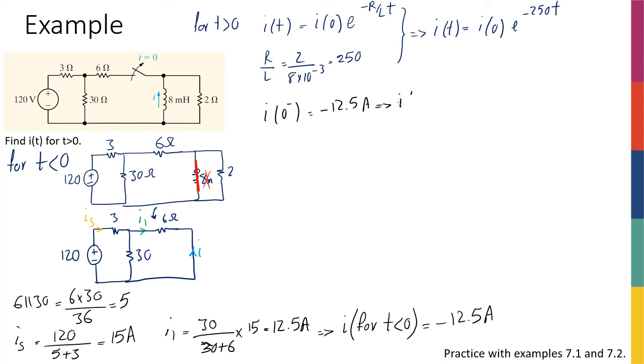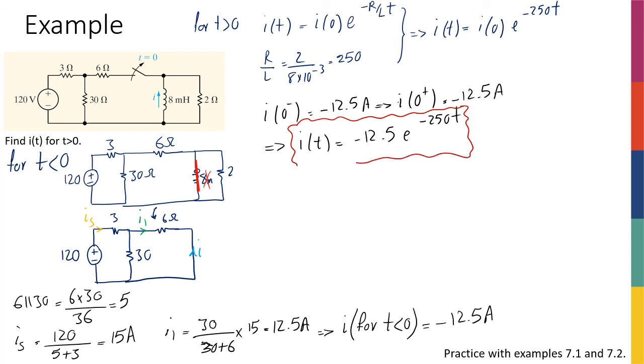Therefore, I at 0 plus is going to be equal to negative 12.5 amperes. Therefore, I can say that I of t is equal to negative 12.5 times e to the negative 250 t. And that's it. I found the current of my inductor as a function of time after t equal to 0.